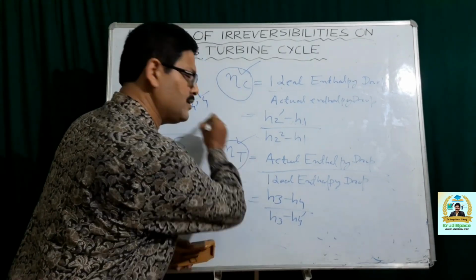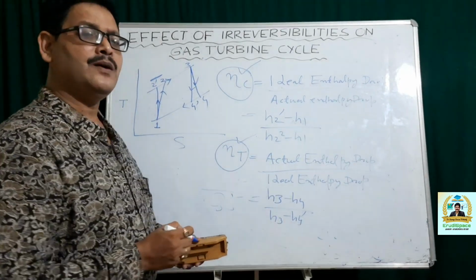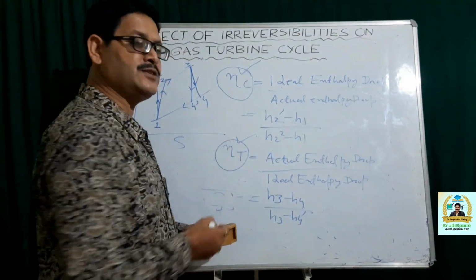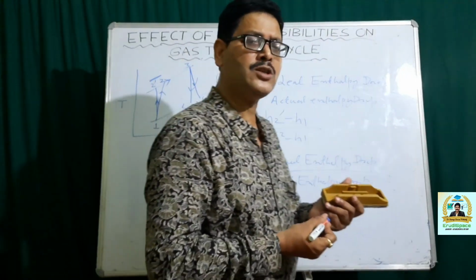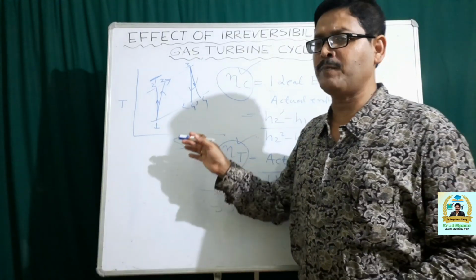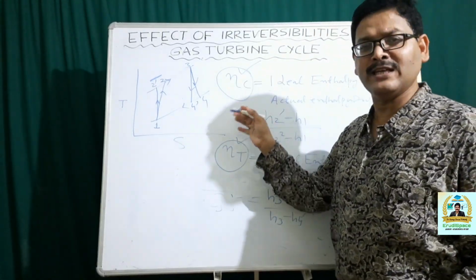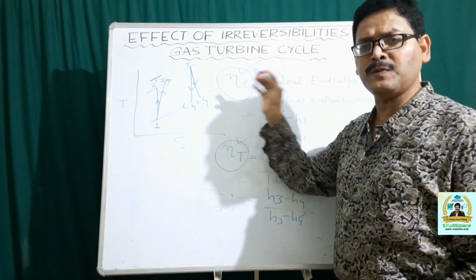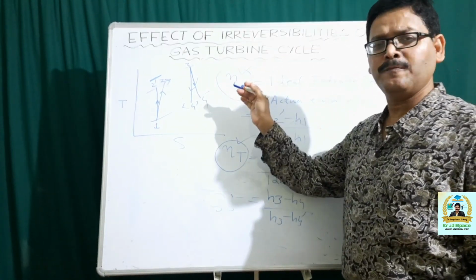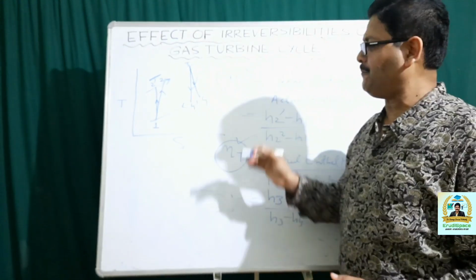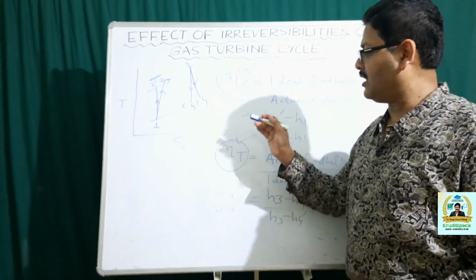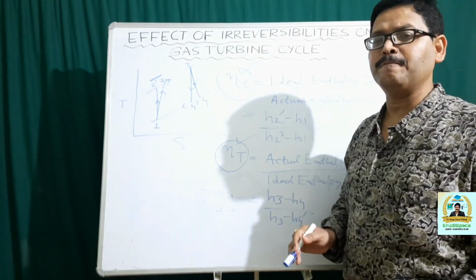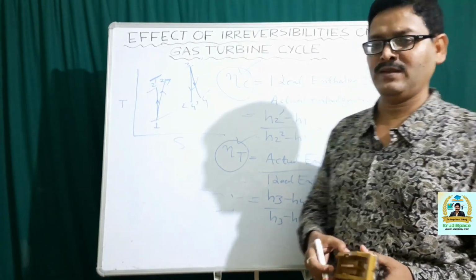Similarly, you may get the term isentropic efficiency of the turbine instead of efficiency of the turbine. So when both the terms are used, they do represent the same thing. That means the efficiency of the compressor as well as the isentropic efficiency of the compressor are exactly same. Similarly, the efficiency of the turbine and isentropic efficiency of the turbine are exactly same.